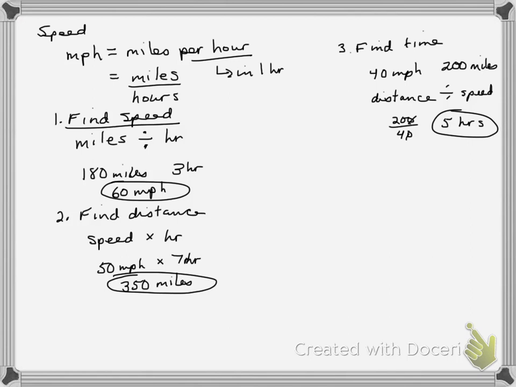So these are the 3 types of problems you can have with speed: finding the speed, finding the distance, finding the time. Our basic formula, I guess, would be distance equals rate times time.